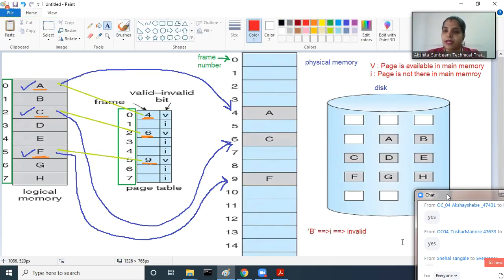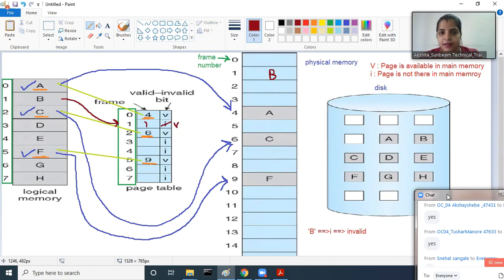It means that the page which I wish to execute has an invalid entry. If it has an invalid entry, then what? In that case, page B will be loaded over here. Assume I'm loading my B page at frame 1. So I will make the entry 1 and replace this I bit with a V bit.